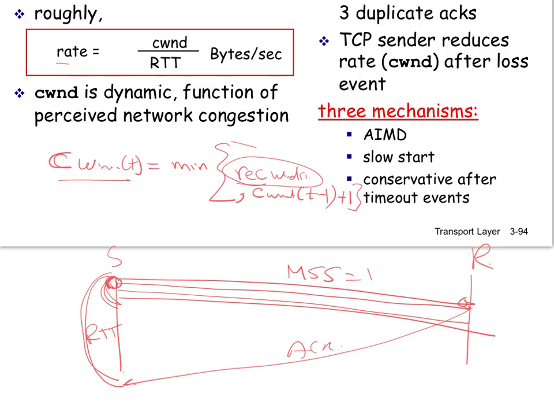So if I have 3 segments in the window, it's 3 times the transmission time for one segment. If I have 4, then it's 4 times, and so on. So that's effectively the rate.